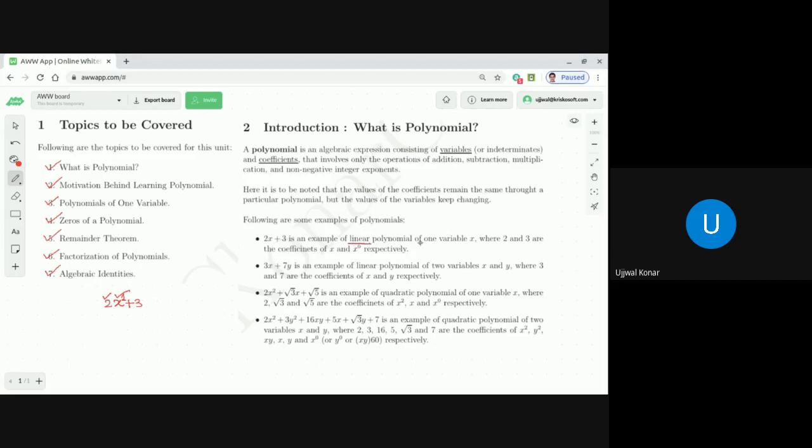It is a polynomial of one variable x, where 2 and 3 are the coefficients of x and x power 0 respectively.